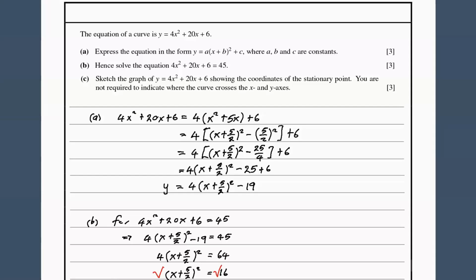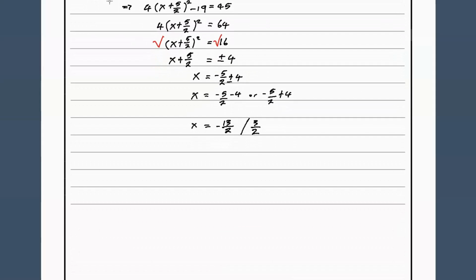Okay, so the curve we want to sketch is this curve here. So I'll copy this and I'll scroll down, and we are on part C, by the way. So the equation of the curve is this one here.